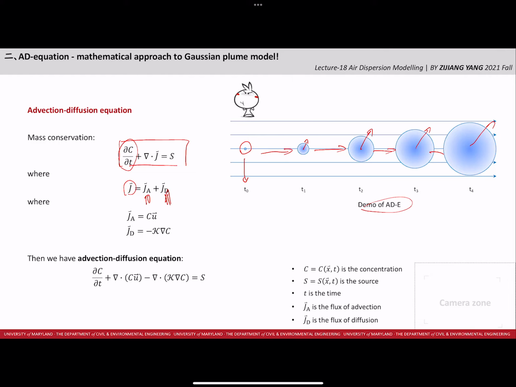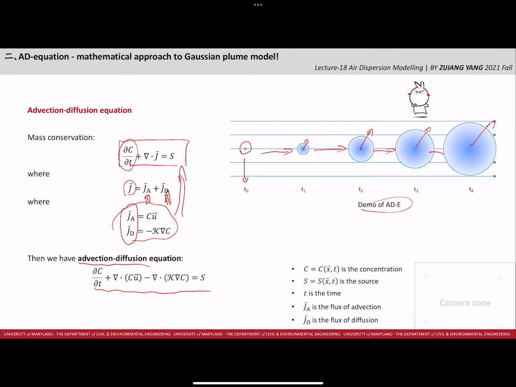And we already know that the contribution of advection and diffusion can be expressed like this. So we can just plug them into the mass conservation equation, and we can have this equation. This equation is called the advection diffusion equation.